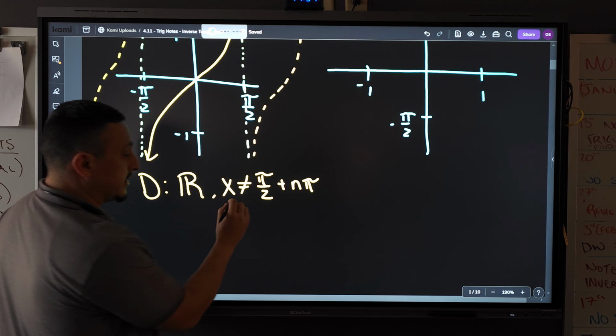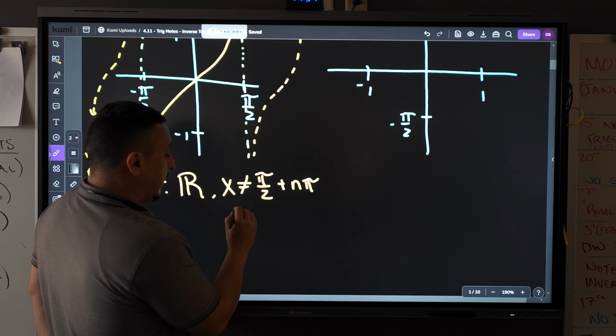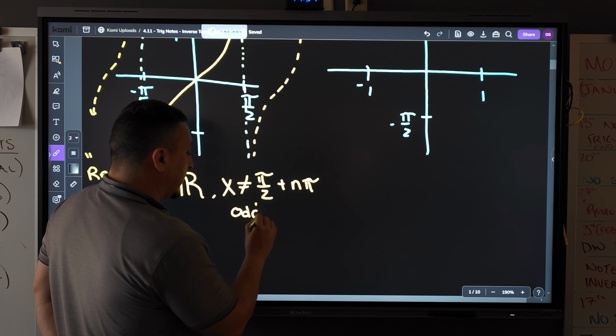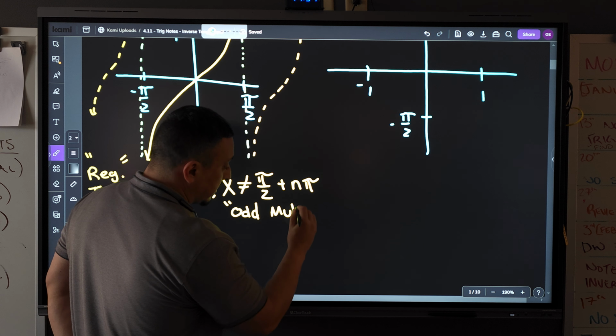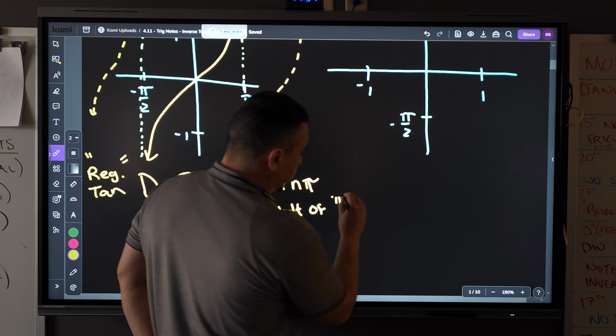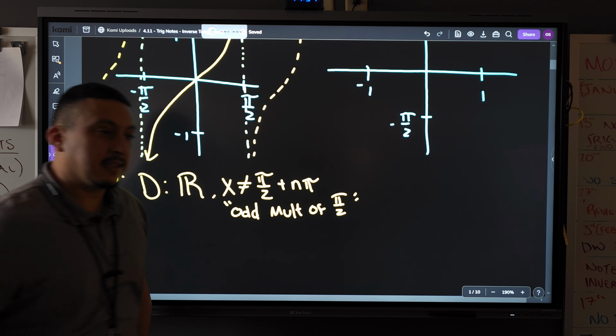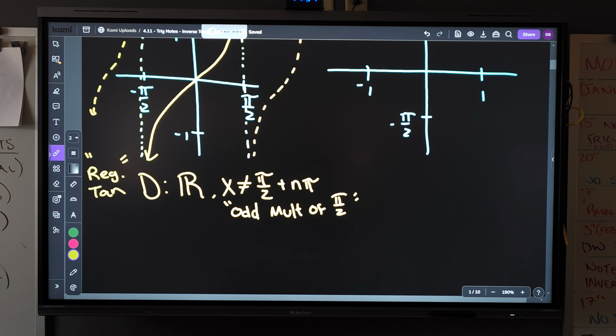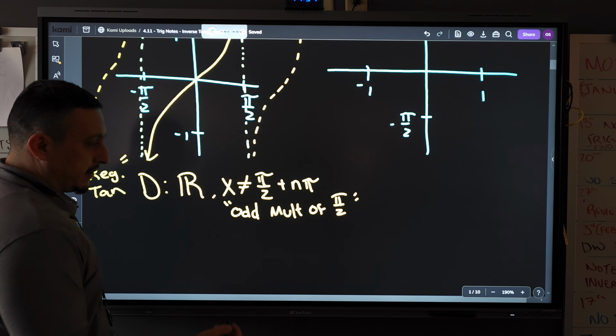We're going to say this is the same as saying odd multiples of pi over 2. That's how we would say it in words. This is how we say it in math language, and then just in simple everyday language. What do we mean by odd multiples of pi over 2?